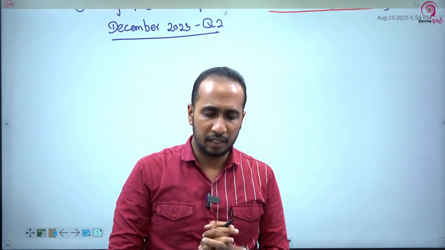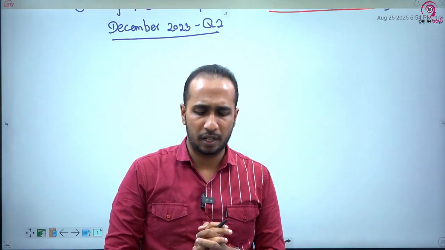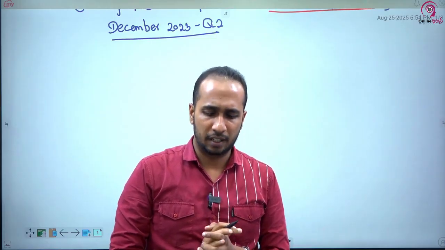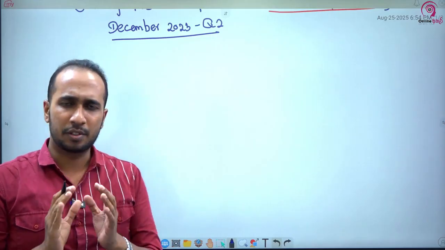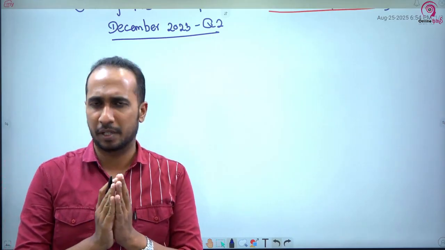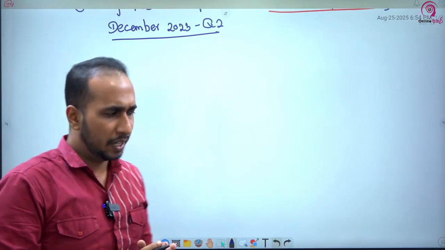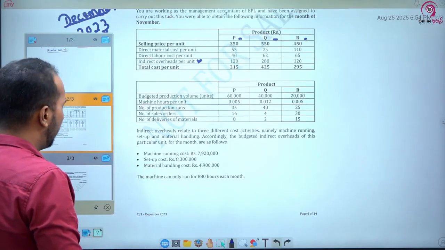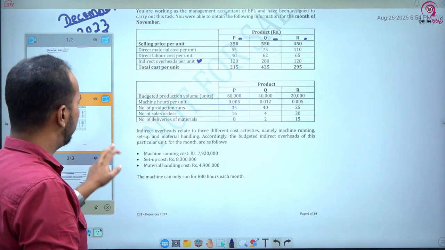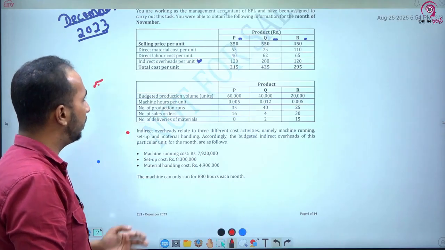The very first thing in this question is to calculate the profitability of each product using the activity-based costing principle. As per the given details in the question, you can see they have given the selling price per unit.